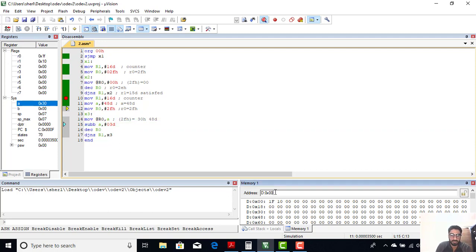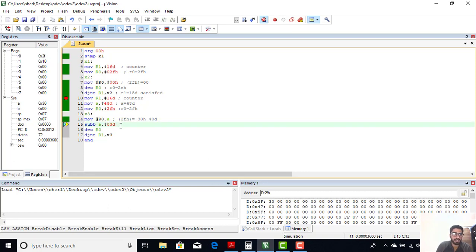If you want to control it, just write now to F hex and notice the change. Okay, look, it's 30 hex, which is 48 decimal. It's all the same.